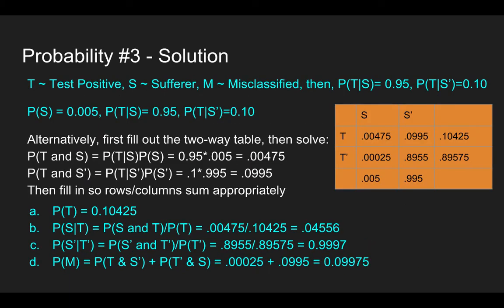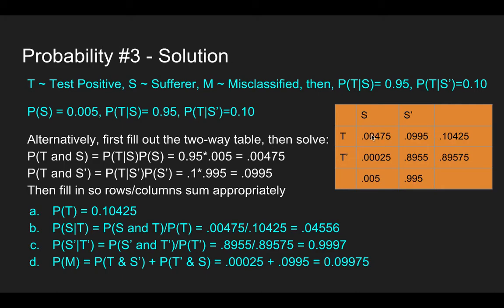I think this, especially part D here, is kind of easier to see if you fill out your two-way table. In this two-way table, we see that 89% of the people who don't have cancer also don't get classified as having it on the test. Or 89% of people both do not get classified as having cancer and don't have cancer. So that's good.